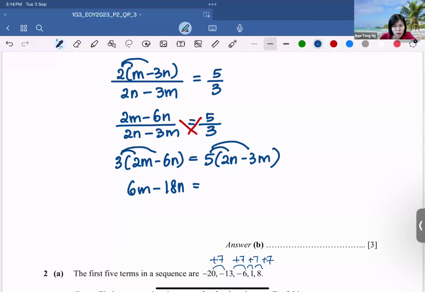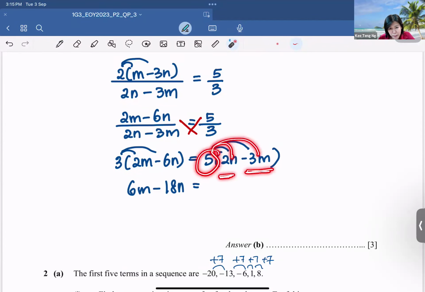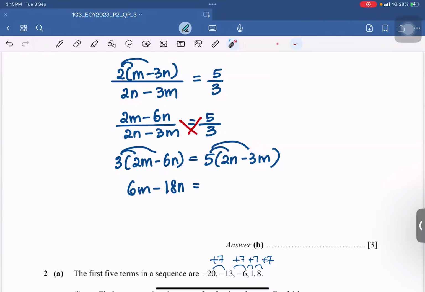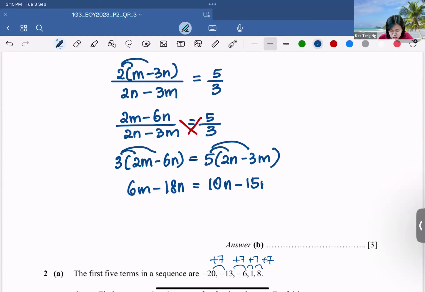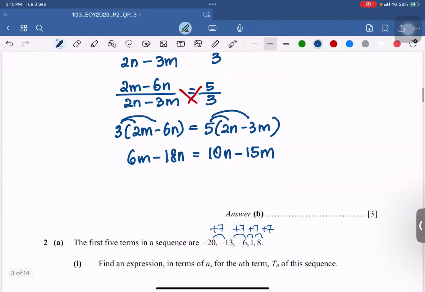You can tell me the answer straight away. 6 times m subtract 3n. 5 times 2n, 5 times 3n. What do you get? 10n subtract 15n. Are you paying attention or doing something else? I'm not watching YouTube, I can check my history. But you're not paying attention.